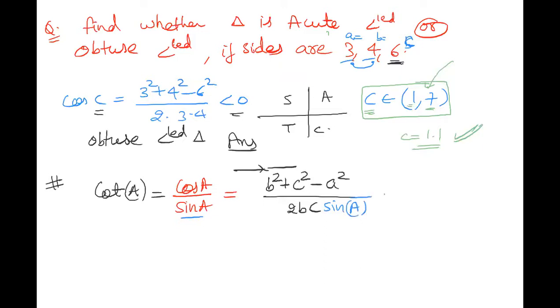Now further, what I can do in this is b square plus c square minus a square divided by bc sin A.